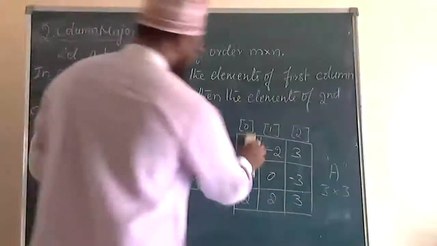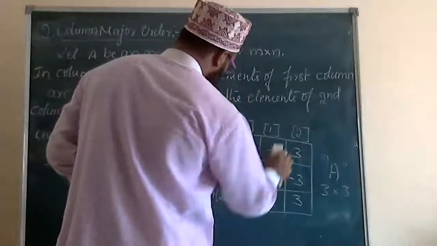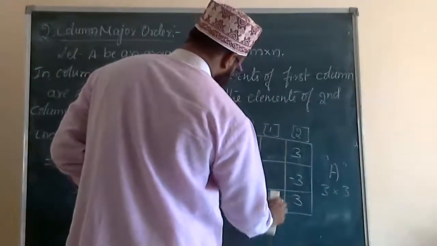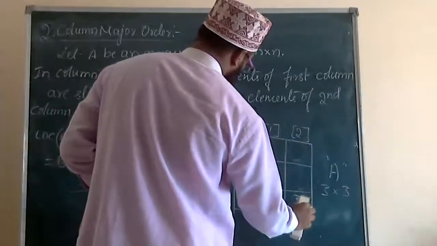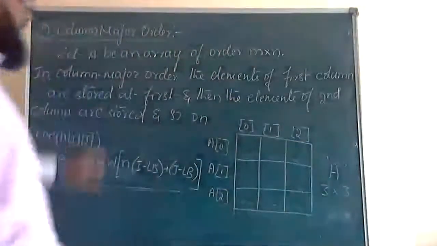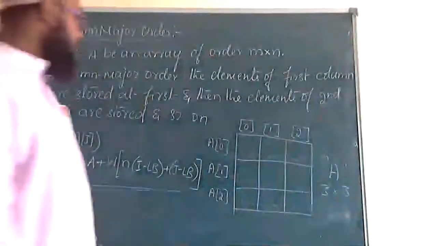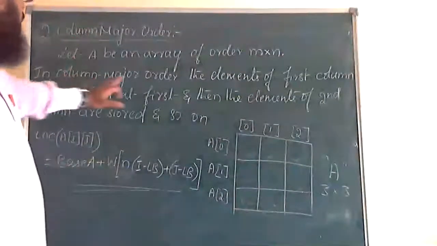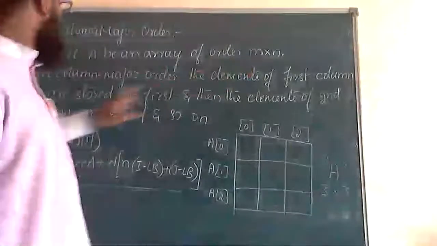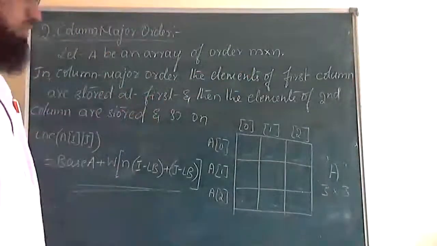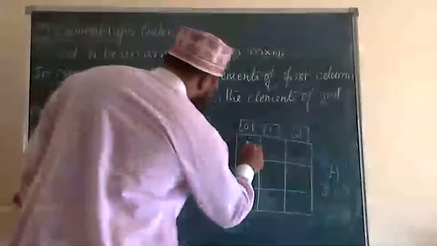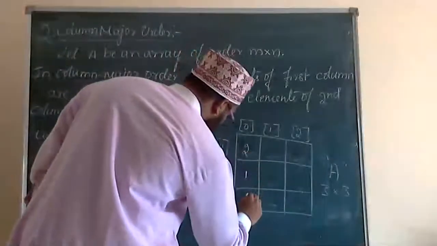I will show you with the same array. Let A be an array of order m into n. In column major order, the elements of the first column are stored first, that is 2, 1, 2.